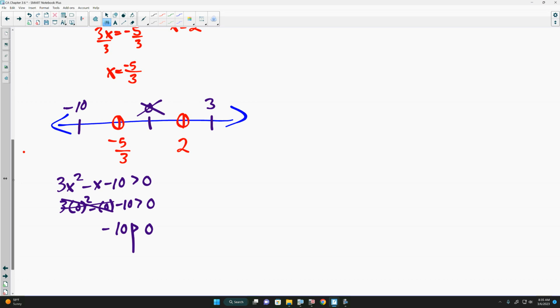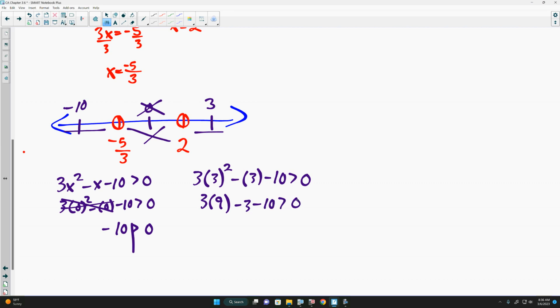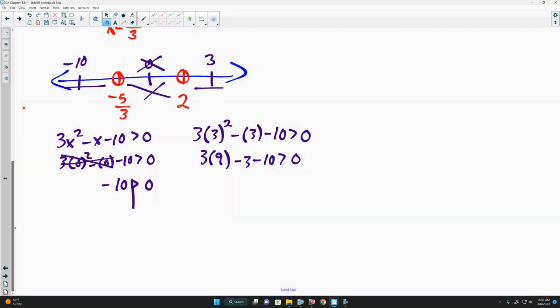Now, x squared is our biggest exponent, yes? Which means it's a U-shaped graph. And it's opening up. So if this part's not part of the solution, it means that these two should be. And if we checked it, 3 times 3 squared minus 3 minus 10 greater than 0. Well, 3 squared is 9. Negative 3 minus 10. 3 times 9 is 27.